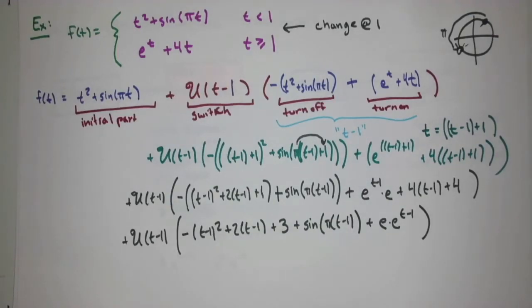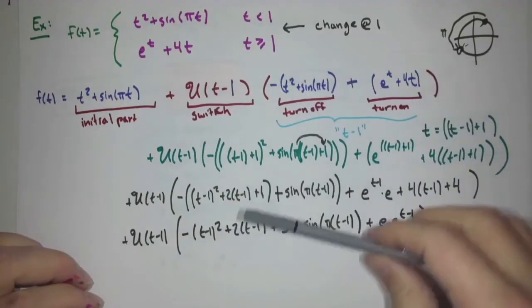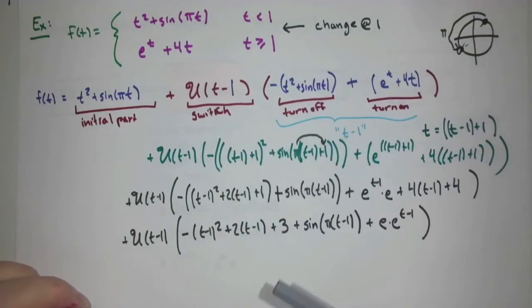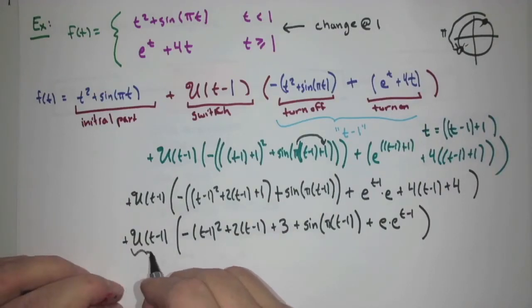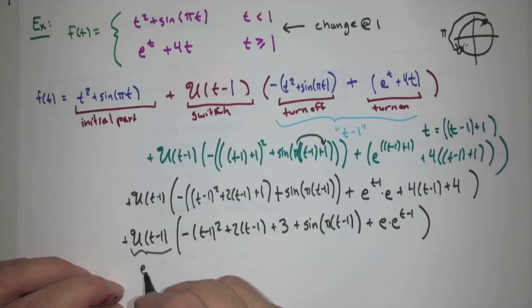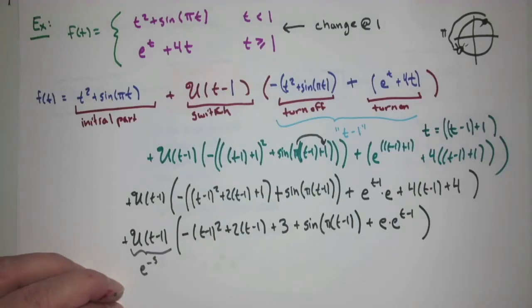Yes, yes. See, there's the pre-processing part. The pre-processing part's the hard part. But once you're done with the pre-processing, this u of t minus 1 would translate to e to the minus s. Now, this (t minus 1) squared, well, you treat it like t squared. Do you know what t squared goes to?